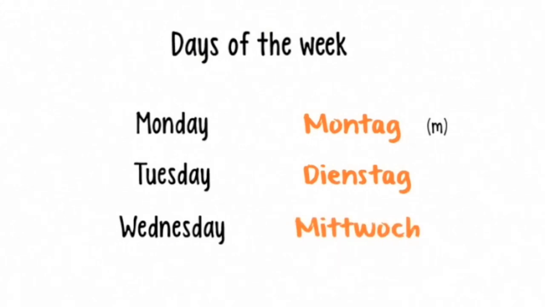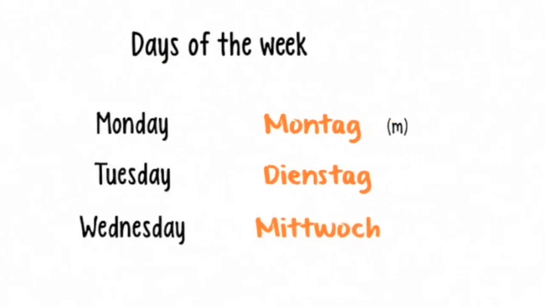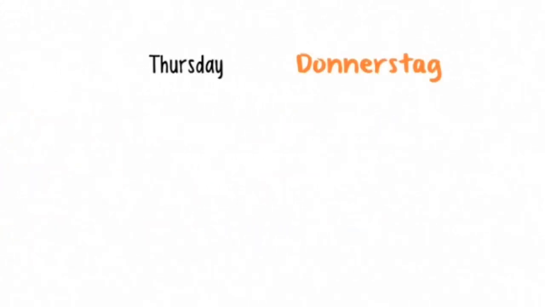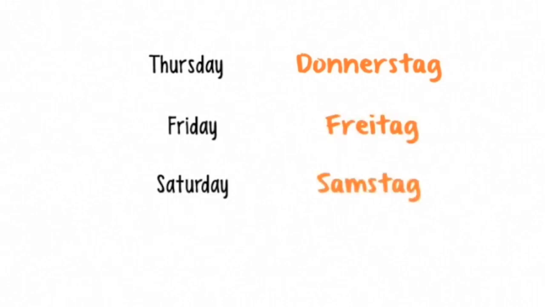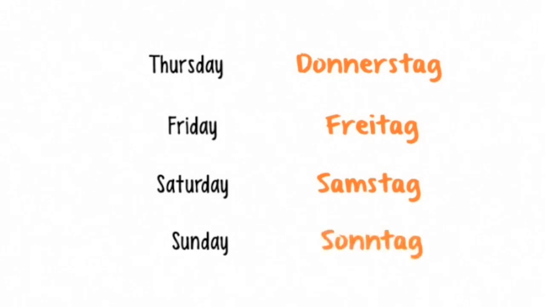Montag, Dienstag, Mittwoch. Thursday, Donnerstag, der Donnerstag. Friday, Freitag, der Freitag. Saturday, Samstag, der Samstag. And Sunday, Sonntag, der Sonntag. Donnerstag, Freitag, Samstag, Sonntag.